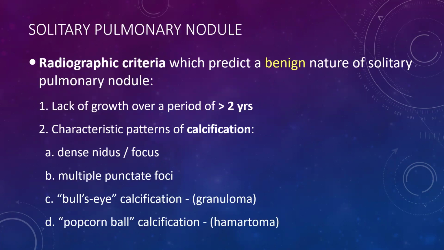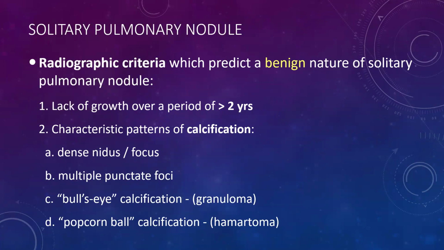The first thing to look at, if you're thinking of a solitary pulmonary nodule, is to check for the benign nature of the nodule. If you can check the previous x-rays of the patient and you notice stability or lack of growth over a period of more than 2 years, then you're probably looking at a benign nodule.